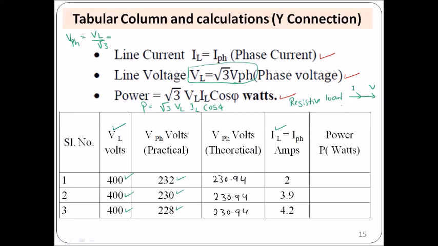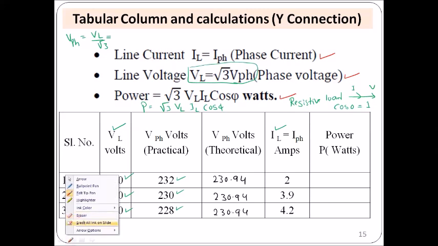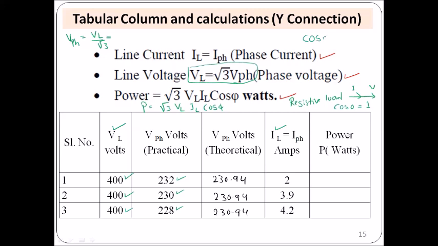Because of this, the phase difference between voltage and current will be zero. So cos of 0 will be equal to 1. That is, the power factor will become unity for the resistive load. So in the calculation, wherever cos phi is mentioned, we have to substitute cos phi is equal to 1, which means unity power factor for the resistive load.